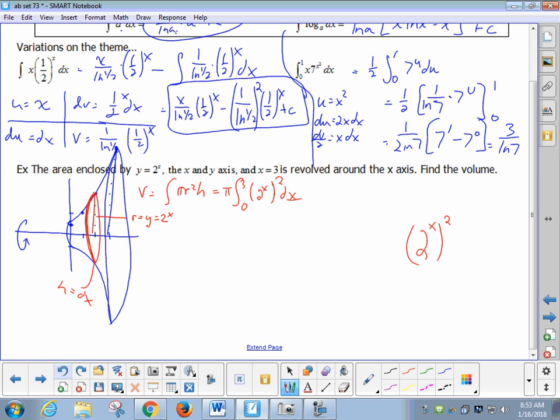Multiply, okay, power rule, we know that this is the same as that, yeah? Now I'd like you to undo what you just did, but differently. Yeah, this 2 to the x to the second is the same as 4 to the x.